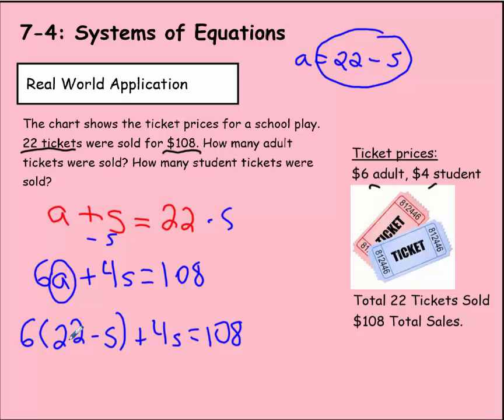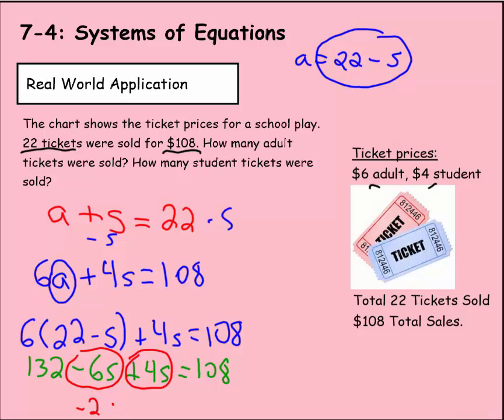Well, 6 times 22 would be 132. 132 minus 6 times S, which is 6S, we have plus 4S equaling 108. So if we're going to simplify this, I see a negative 6S and a positive 4S. Negative 6 plus 4 is negative 2S.